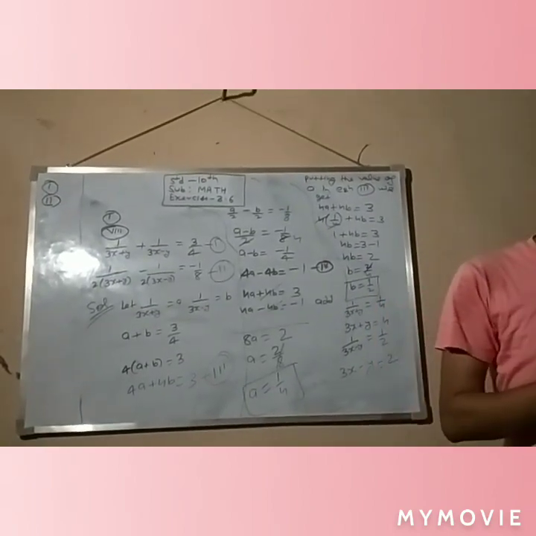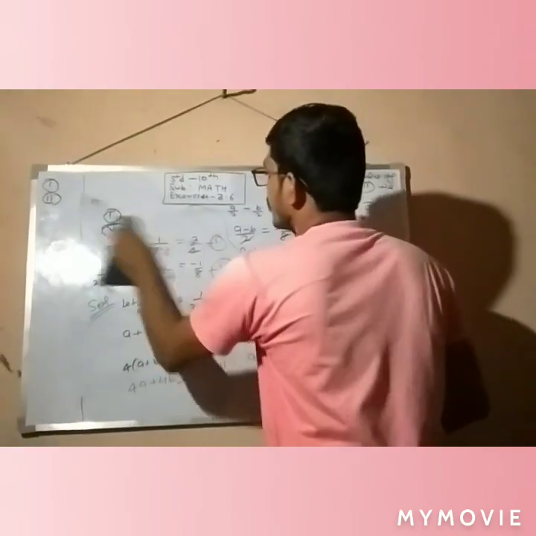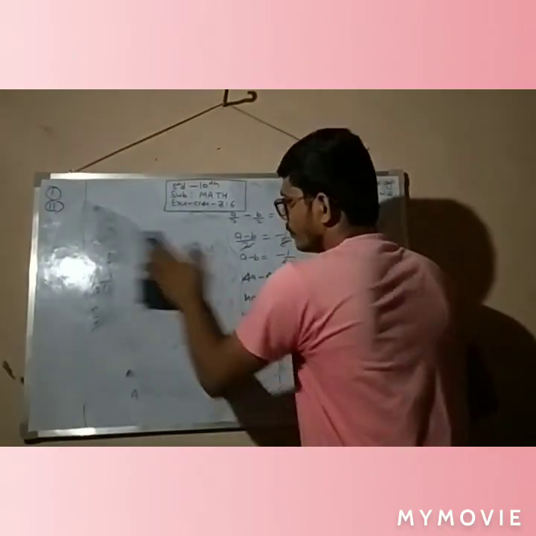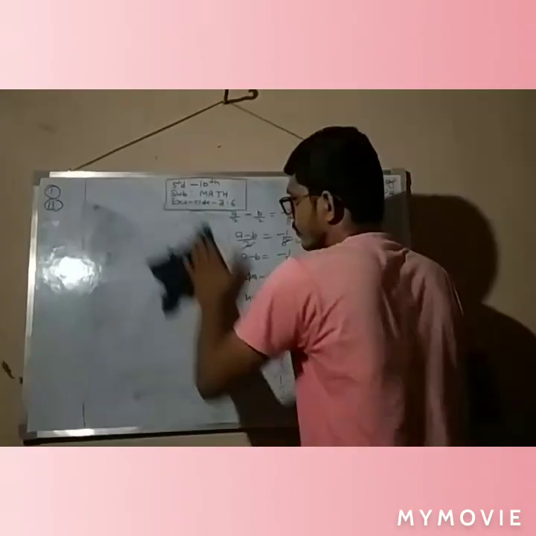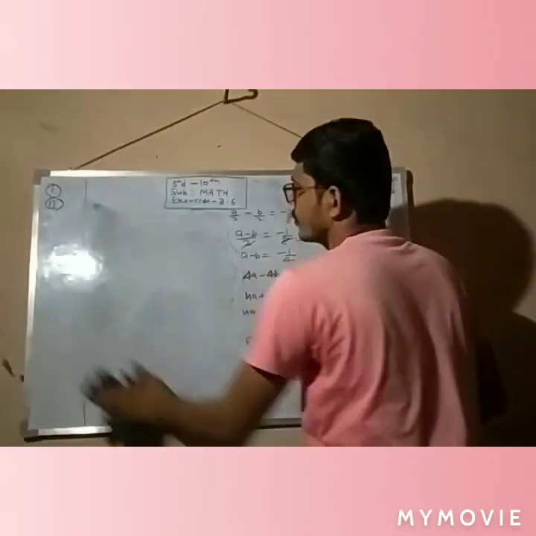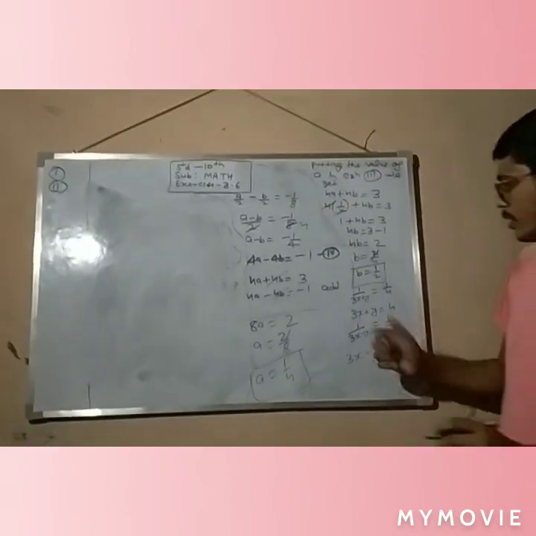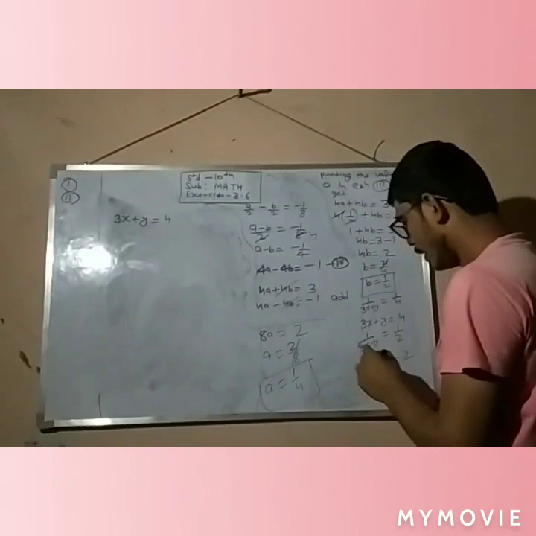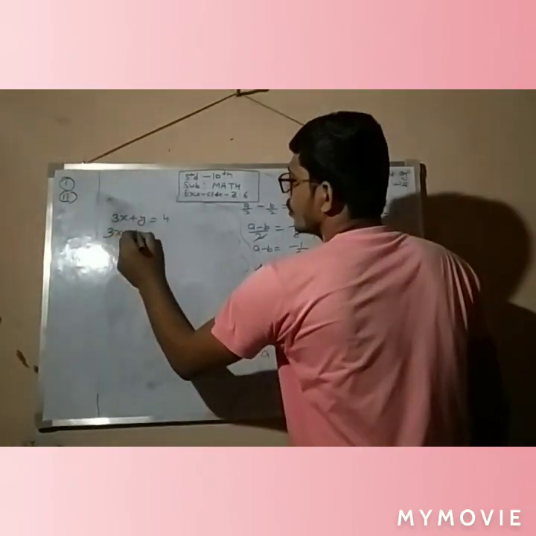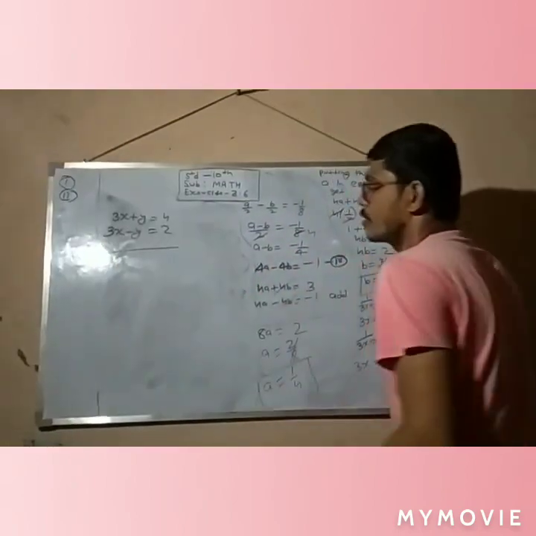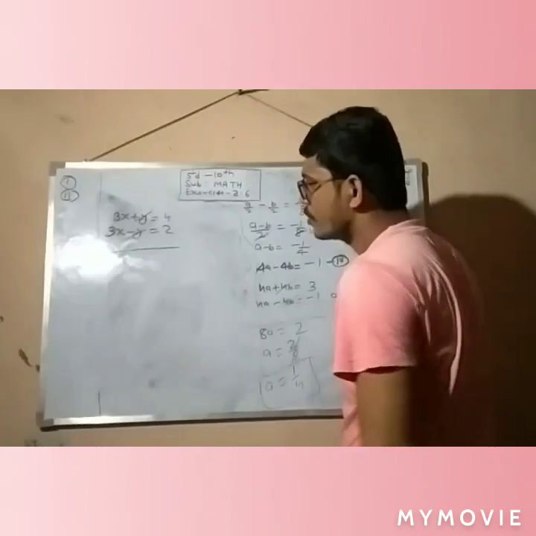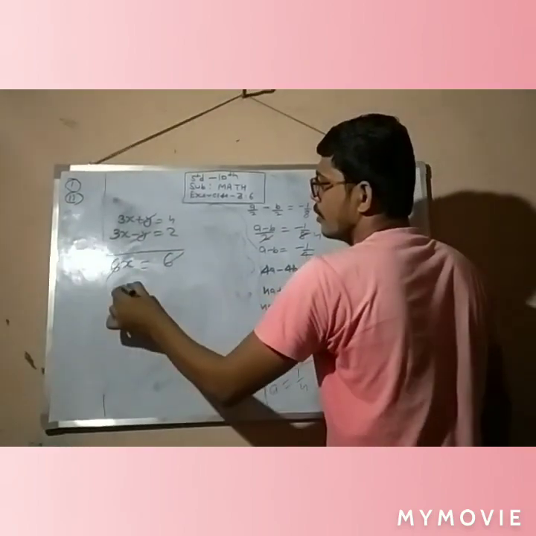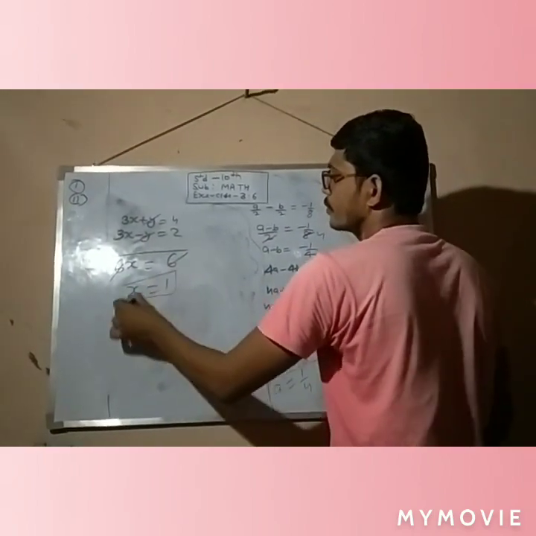Now 3x + y is equal to 4 and 3x - y is equal to 2. Positive and negative cancel out. 6x is equal to 4 plus 2, that is 6. The 6 cancels. Now x is equal to 1.